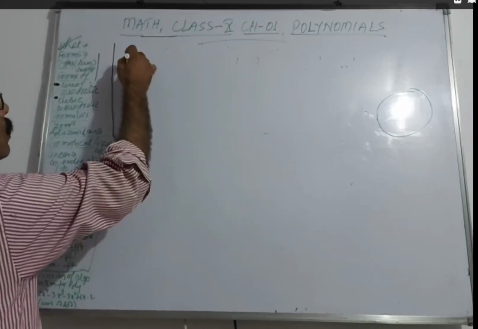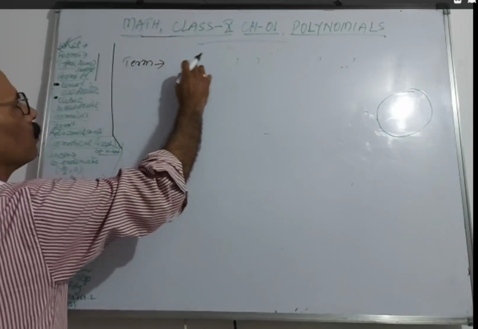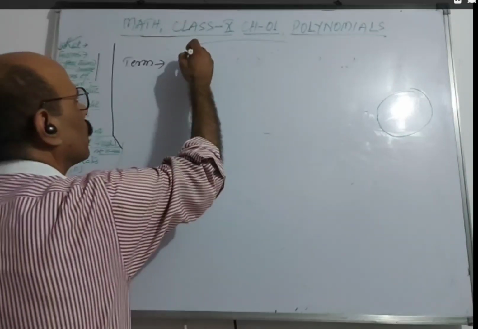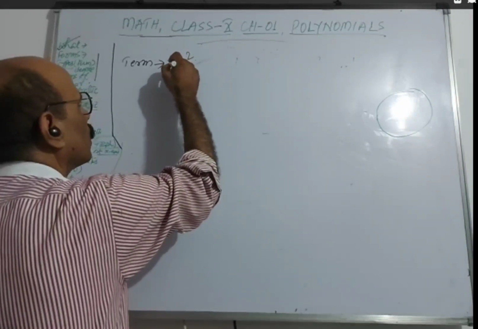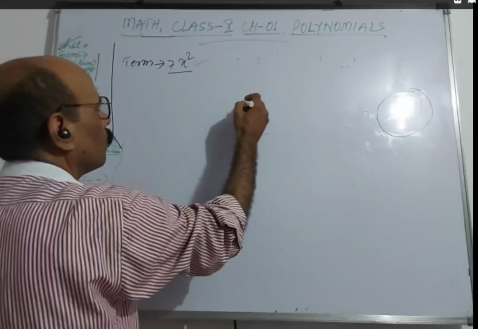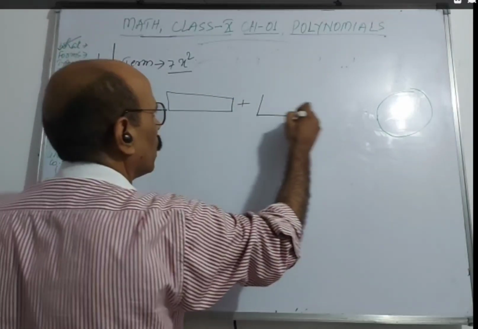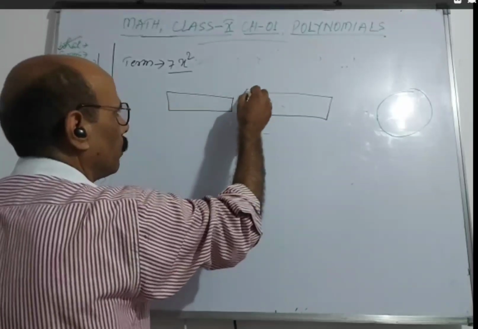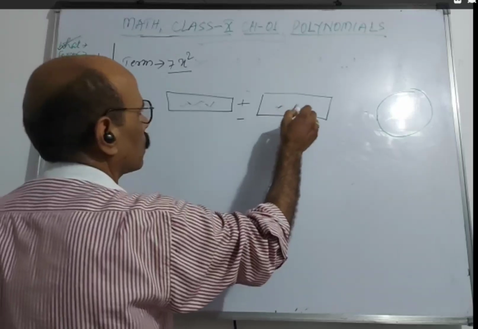On the basis of term, it is what? One term. Suppose 7x square, only one term. When will two terms be considered? When the expression is separated by plus or minus. In between, if multiplication is there, this is one term.